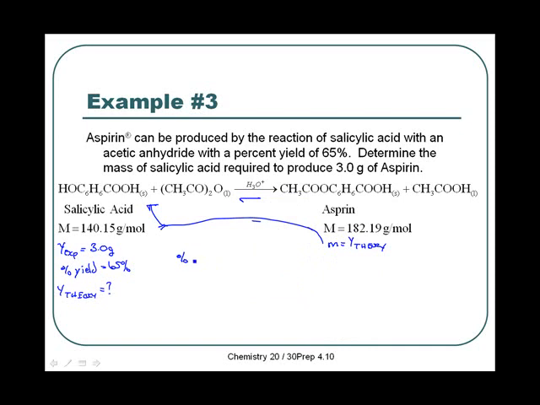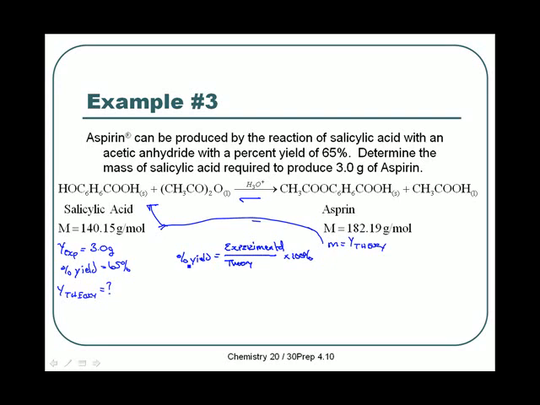So our percent yield is equal to our experimental yield over our theoretical yield times 100%.